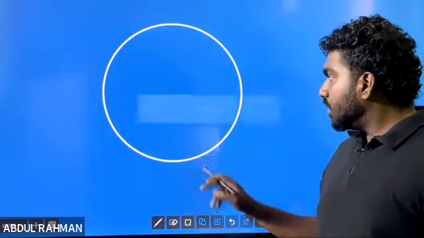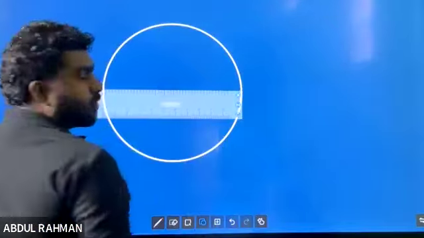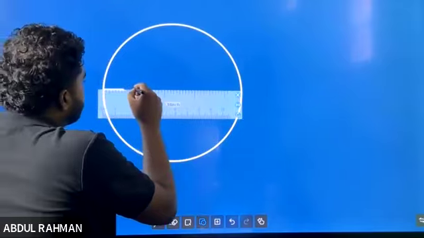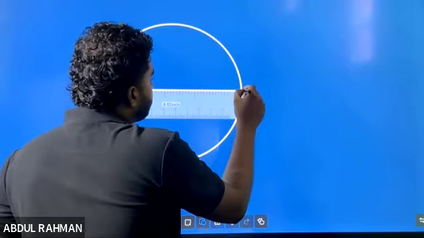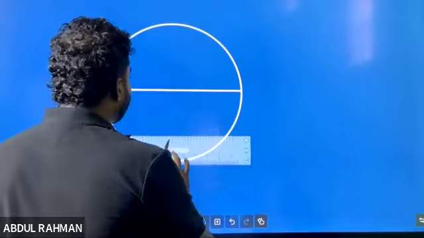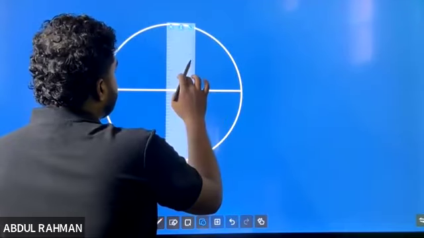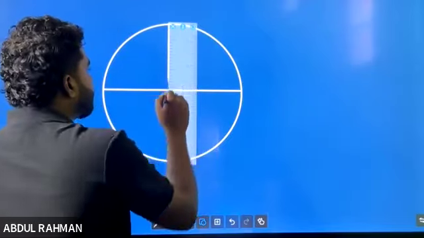Actually, I can measure the length from this corner to this corner, from here to here.